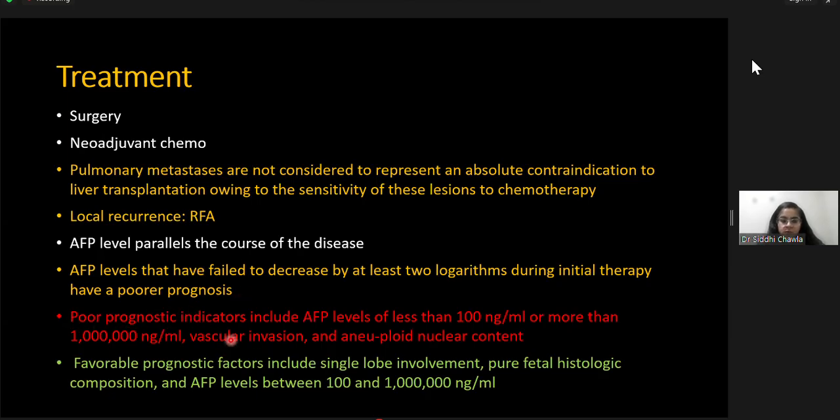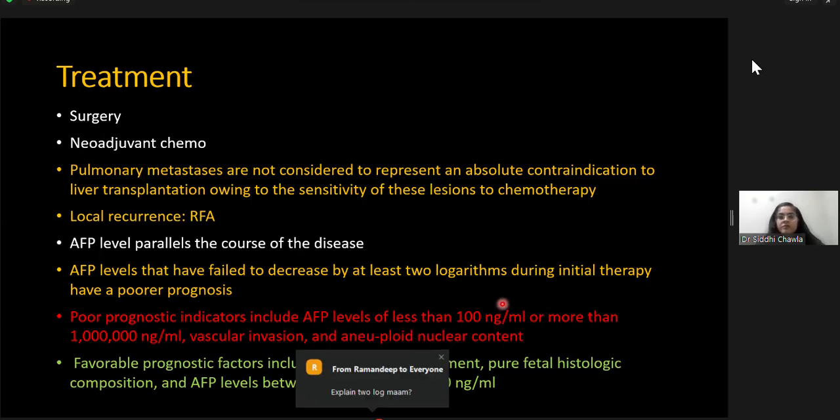So we have some poor prognostic indicators and some favorable prognostic indicators. What are the features that tell us that we are dealing with a poor prognosis of hepatoblastoma? If the AFP levels are less than 100 nanogram per ml, as I told you, if it is an undifferentiated form, it is more likely to be malignant, less AFP will be there, and that is a poor prognostic sign.